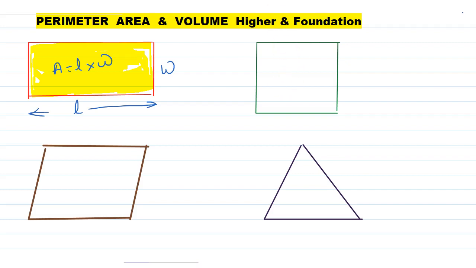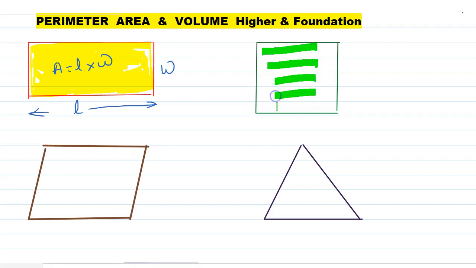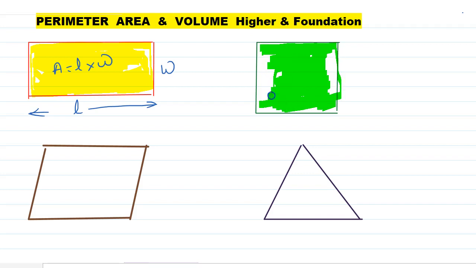Similarly, in the case of a square, the difference between a square and a rectangle is that in a square all the sides are equal. If there are 4 sides, then all 4 sides are equal. So this is our square.